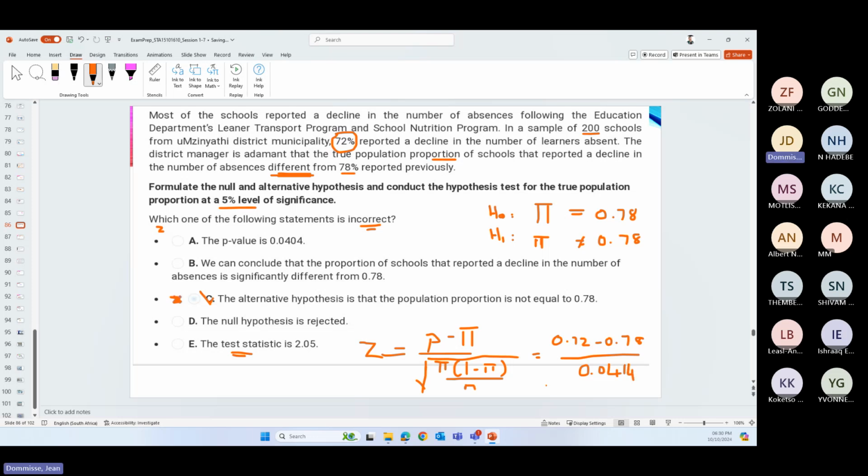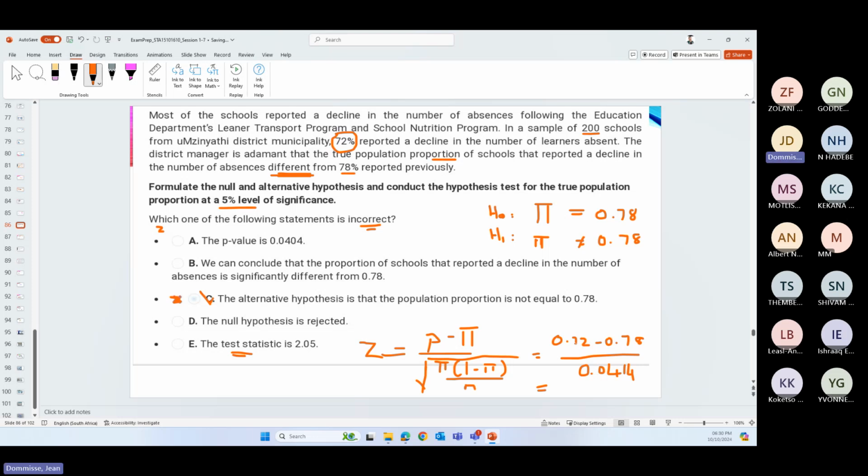So in this instance, that is negative 0.06. So let's divide those two.